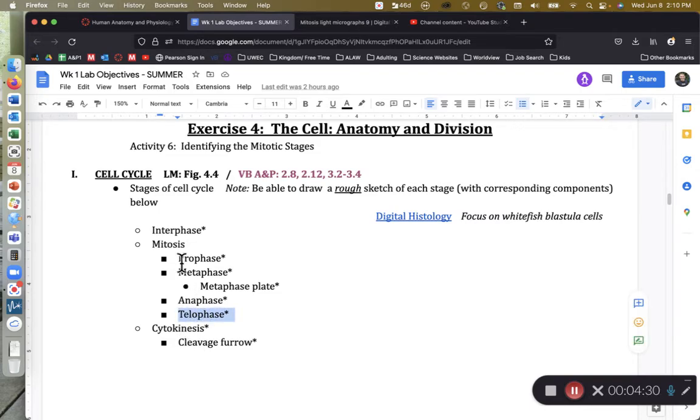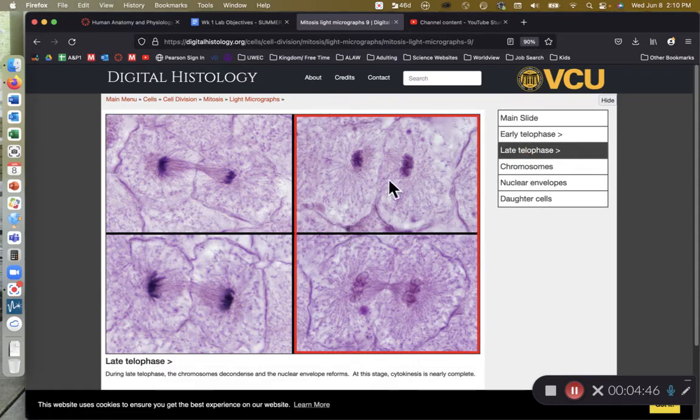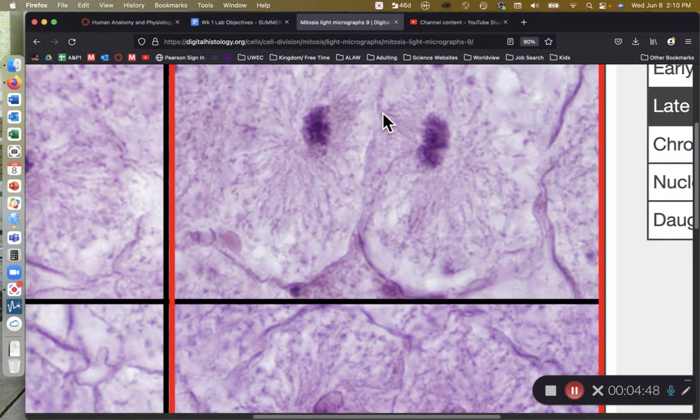So telophase of mitosis overlaps with cytokinesis. Telophase is when we're just starting to form two brand new nuclei. You can see we have 1, 2. Let's hit late telophase here. We have 2 new nuclei forming.